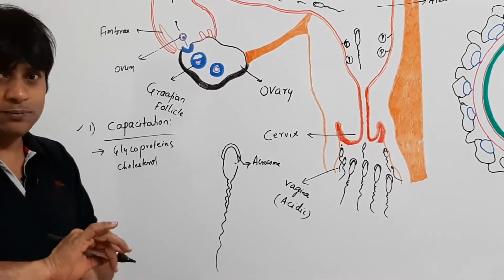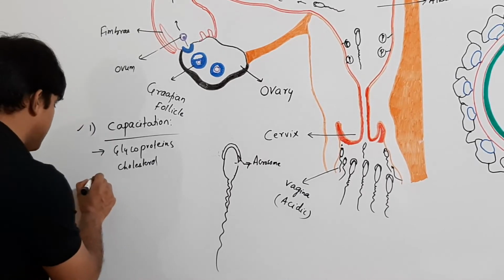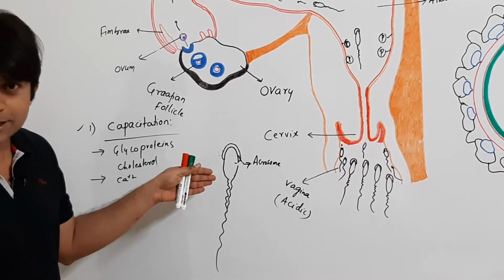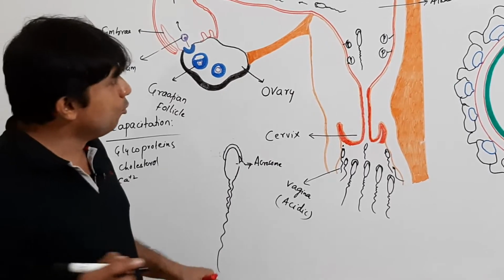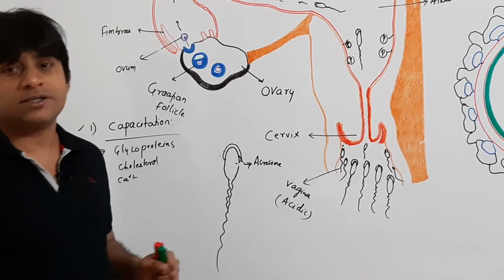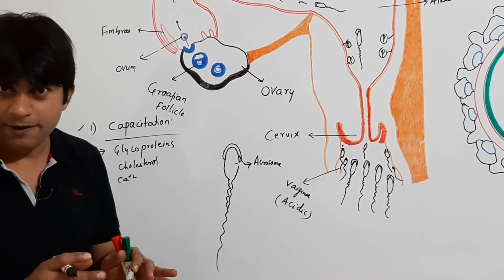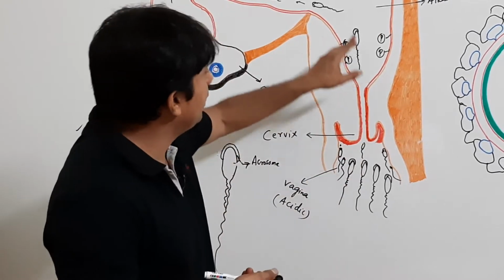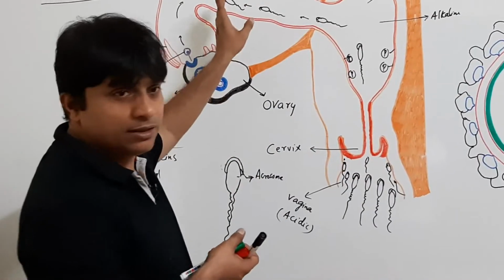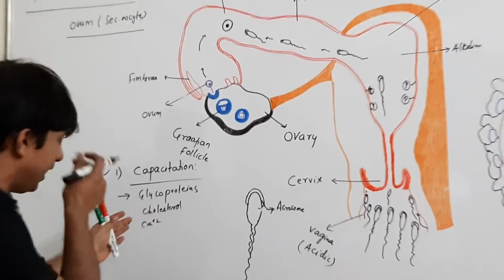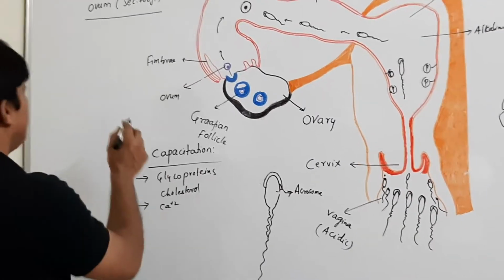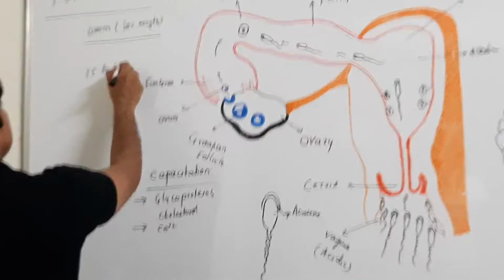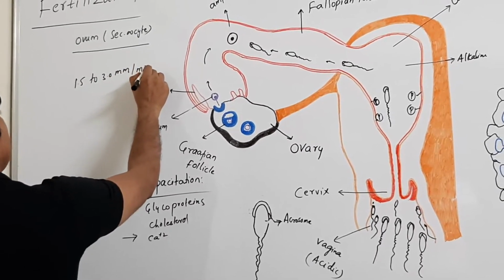Fine. And one more specialty in capacitation is that calcium influx takes place into the sperm, which makes the movement of the sperm much faster. Clear? Fine. One more interesting thing: how much time does the sperm take to move? With its influx of calcium, the sperm can move a distance of 1.5 to 3 millimeters per minute.